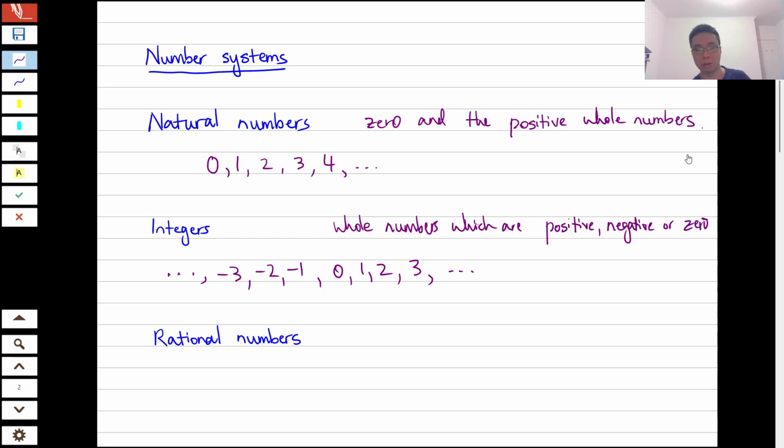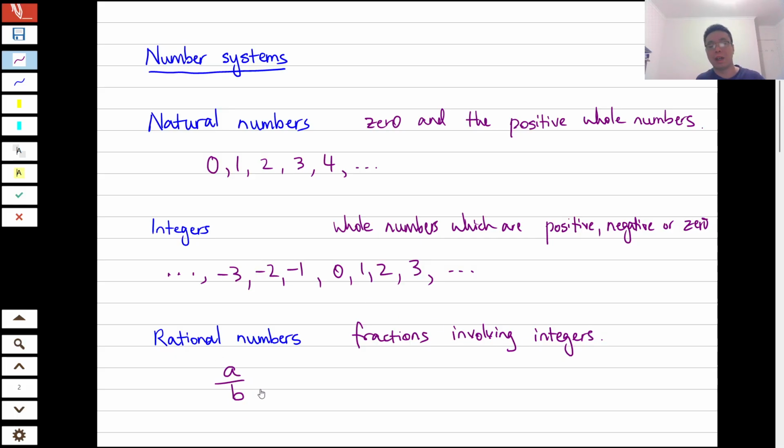But if you couldn't eat the whole pizza, you would need a number that was less than 1, but larger than 0. I would need a way to represent a part of a whole. And the easiest way to represent parts of a whole is with fractions. And so the next number system, which is called the rational numbers, captures all possible fractions. And specifically, fractions involving integers.